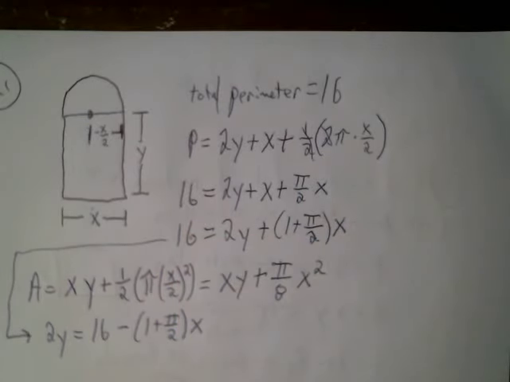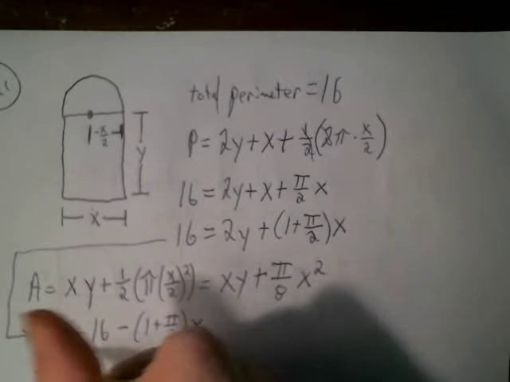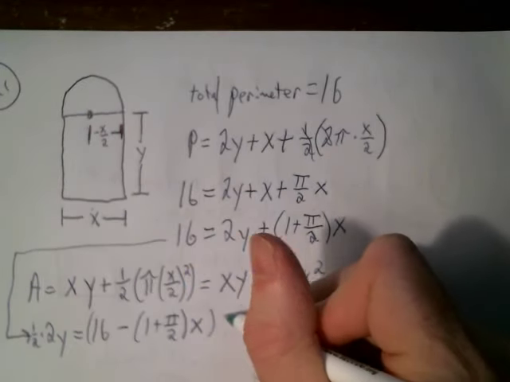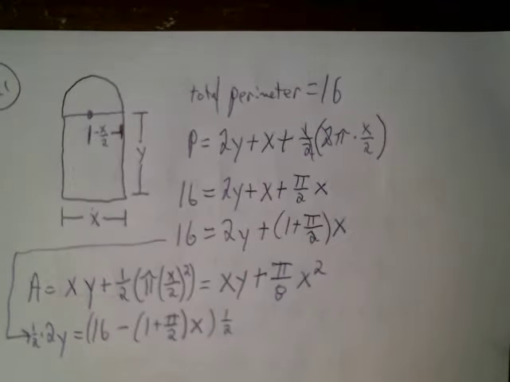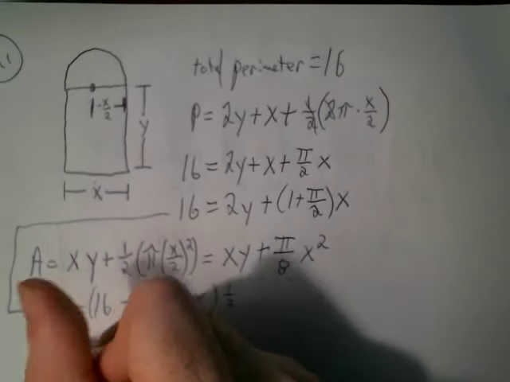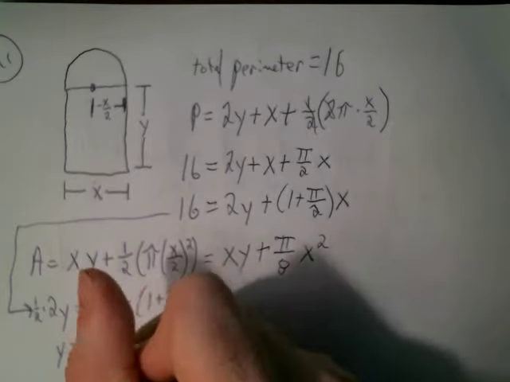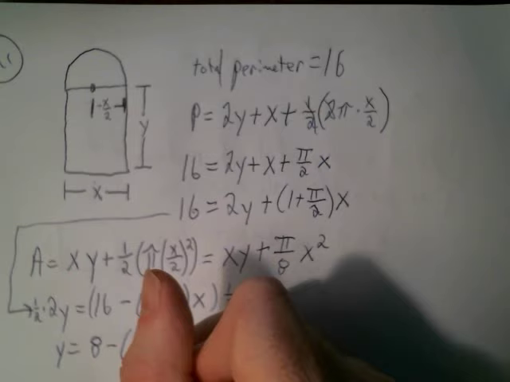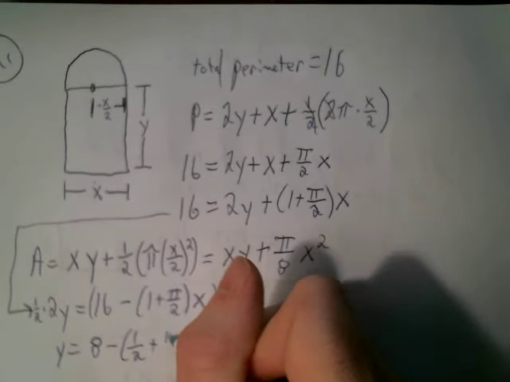Then I'm going to divide both sides by 2, which is essentially the same as multiplying by 1/2. So you end up with y equaling 8 minus, and then if you distribute, 1/2 plus pi over 4 x's.